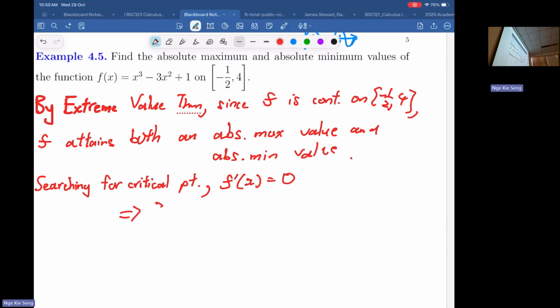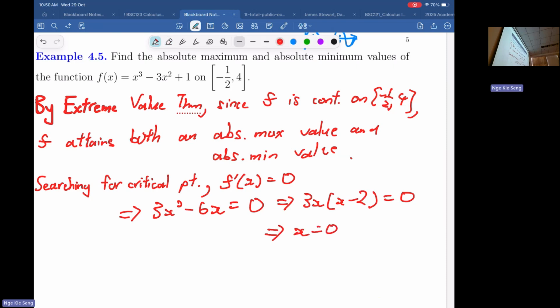This means that 3x squared minus 6x is equal to 0, which means 3x times (x minus 2) is equal to 0. Yes, it is 2, correct. So x is either 0 or 2. These are the two critical points here.